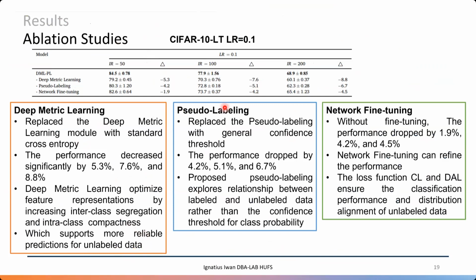While for the pseudo-labeling, the author tried to replace the pseudo-labeling with a general confidence threshold, like in the pseudo-labeling, and then the performance dropped by 4.2%, 5.1%, and 6.7%.